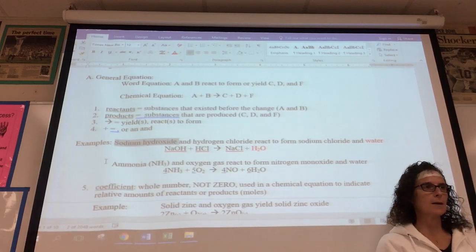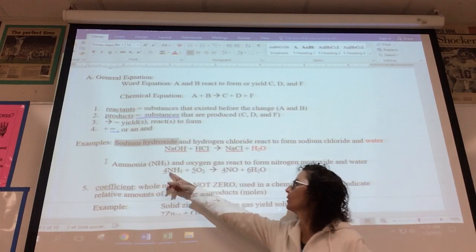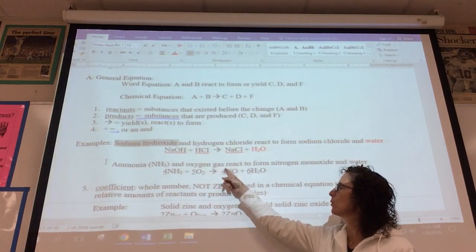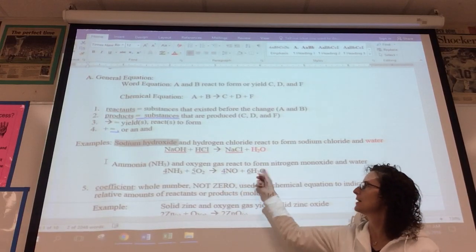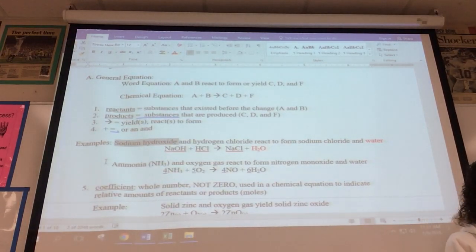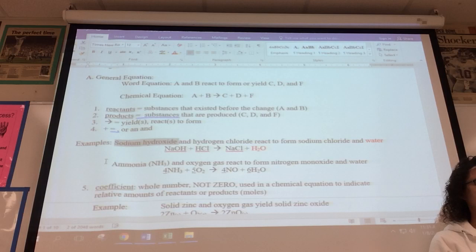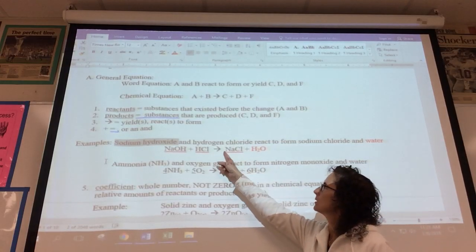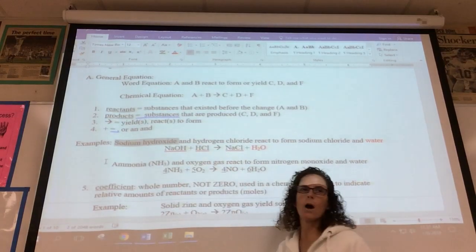Typically, they represent moles. 4 moles of ammonia react with 5 moles of oxygen gas to generate 4 moles of nitrogen monoxide and 6 moles of water. If the substance is a gas, it can also represent volume, and we'll get into that later on. If there's no coefficient, it's a coefficient of 1.